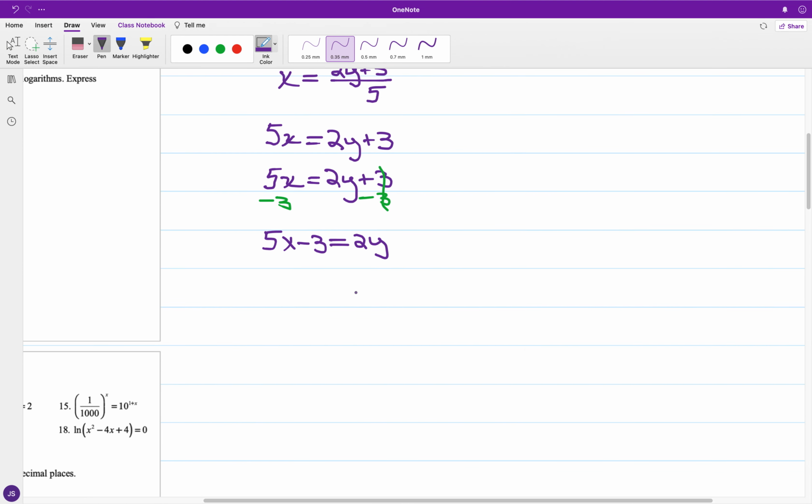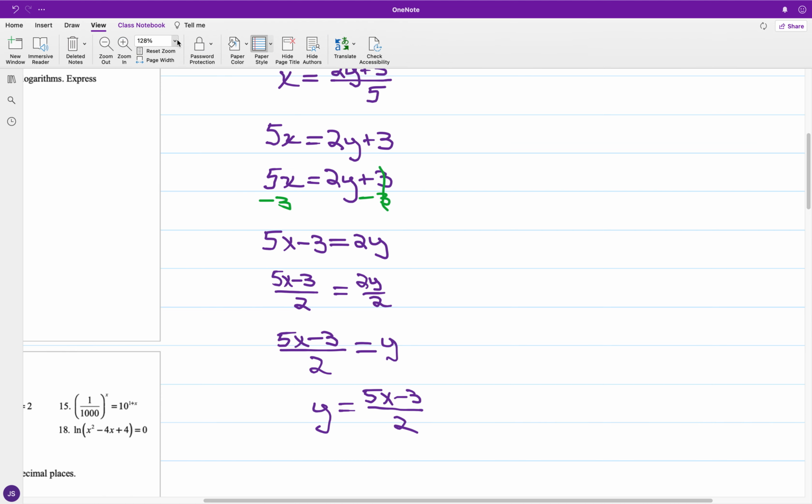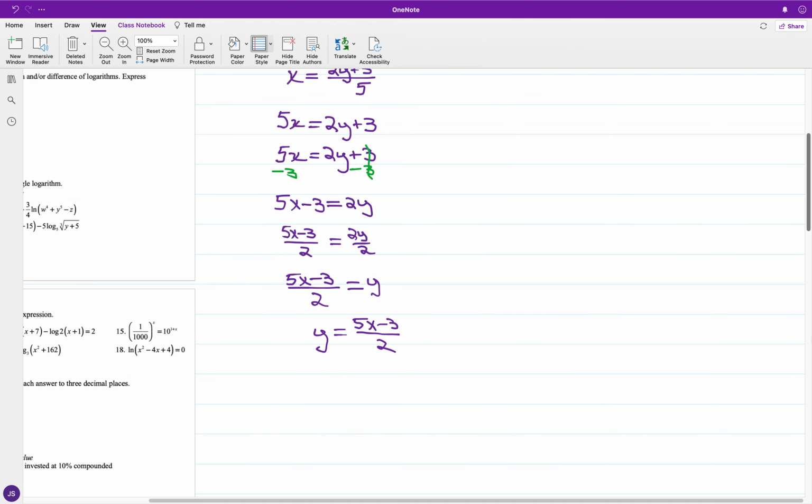And then with division by 2, we're going to have that (5x minus 3) all over 2 is equal to y, and I can just reverse the order. And so we're going to have the result for the inverse, this output y.